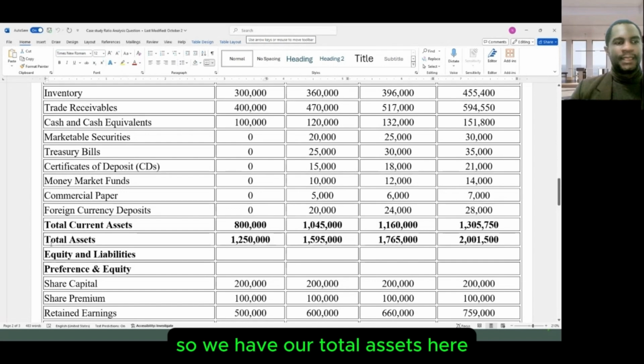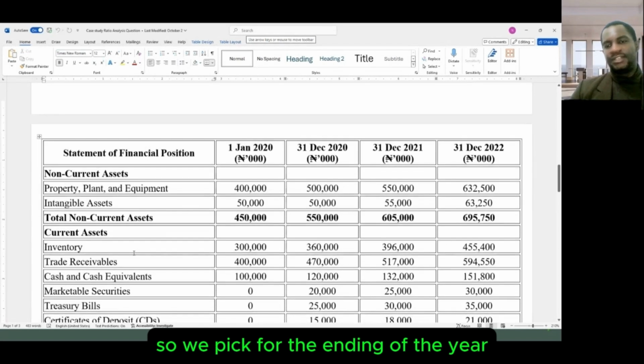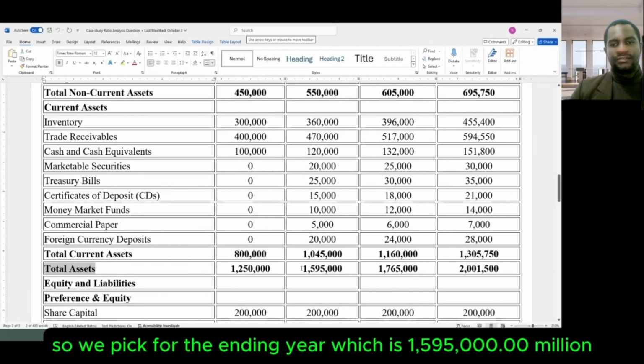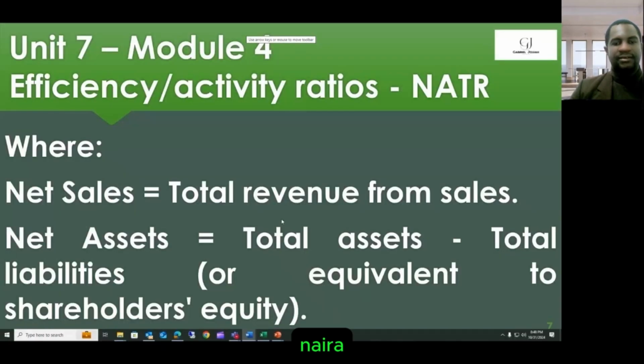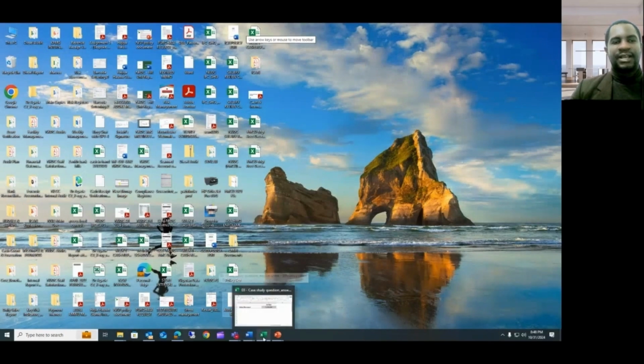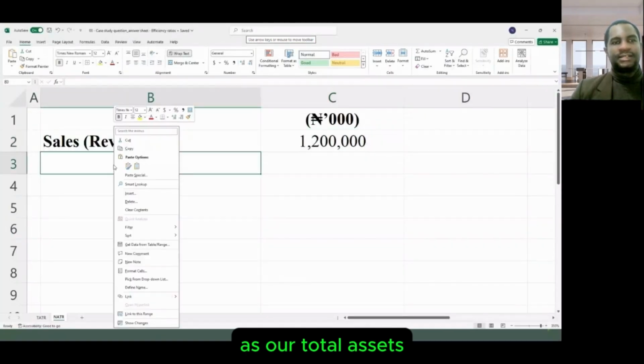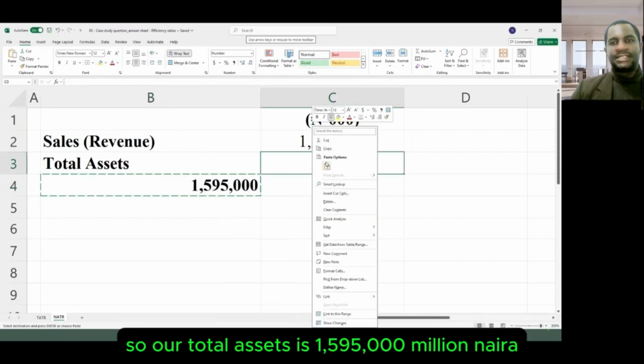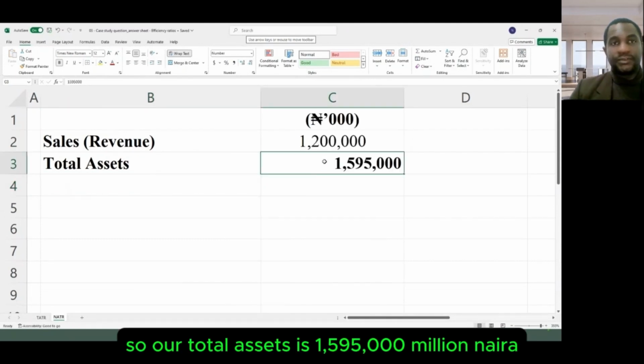So we have our total assets here. We pick for the ending of the year, which is important: 1,595,000,000 naira as our total assets.